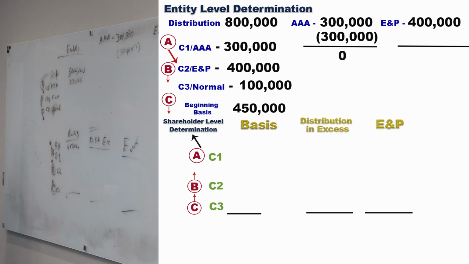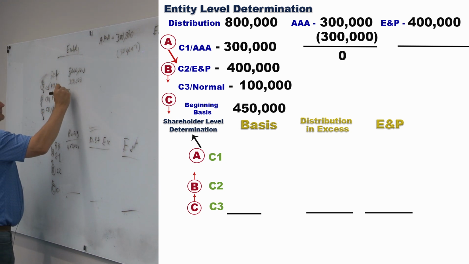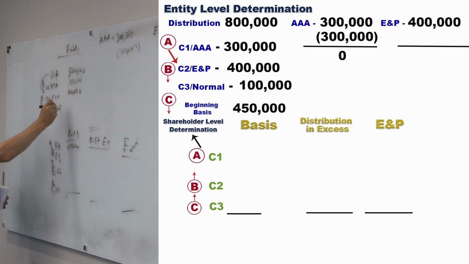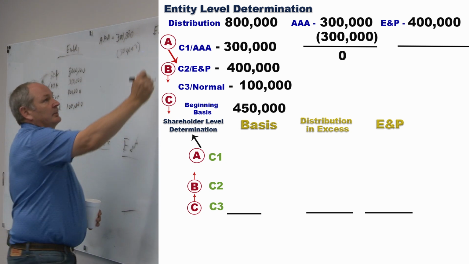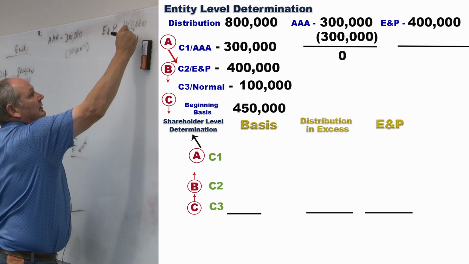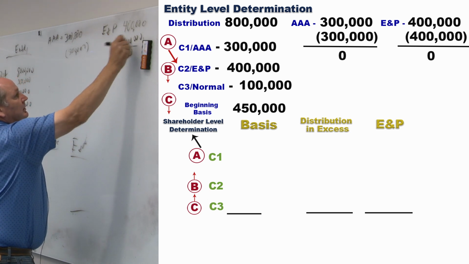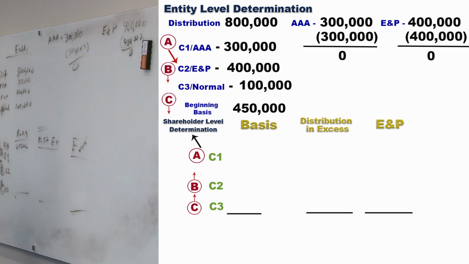How much is left? 500. How much E&P do we have? 400. How much distribution do we have left to account for? 100. So now my E&P at the end of the level is 0, AAA is 0, and now I have to account for each bucket that I segregated the distribution into.